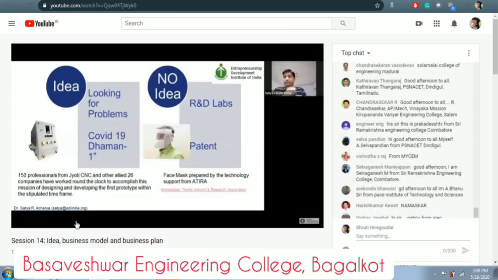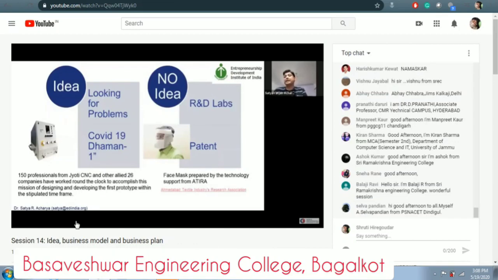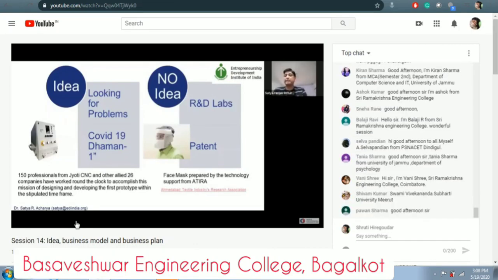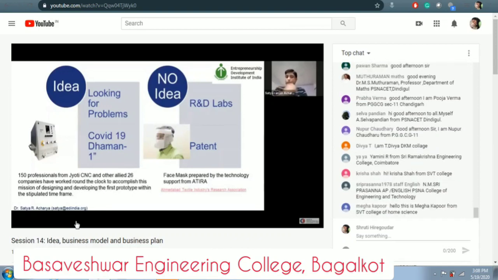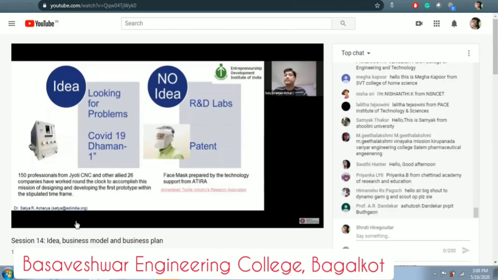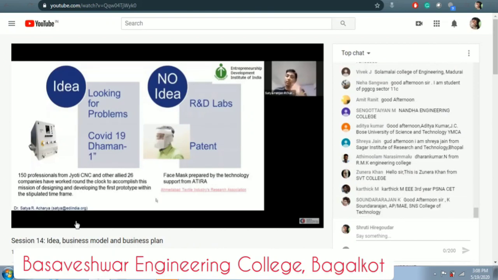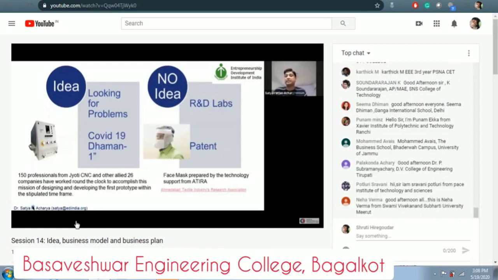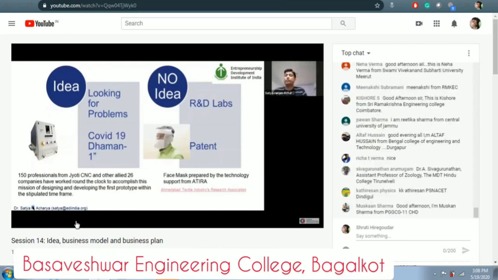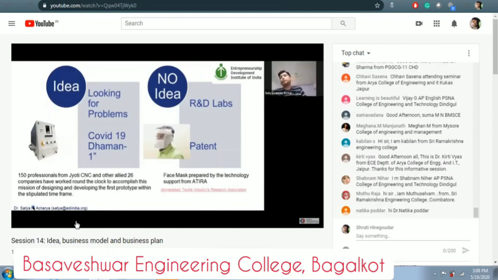Let me give you an example of how it is taking place. I'm taking COVID-19 as an issue, based on which we have created this slide. Let's talk about looking for problems. There is a company called Jyoti CNC in Gujarat, and their professionals came to understand there is a problem in India that we don't have enough ventilators available if there are potentially more COVID-19 patients.